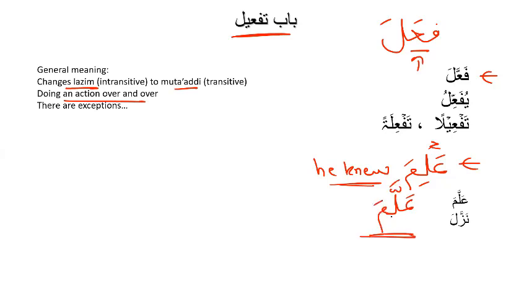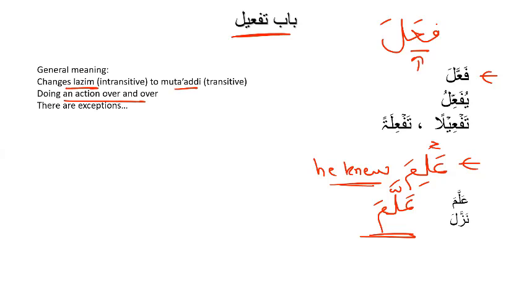So allama. What does allama mean? Allama means to teach, or to communicate knowledge to somebody else. So notice how it's going from intransitive to transitive. So alima, to know, so I know something, that's just limited to me. But when I say allama, now I'm transferring my knowledge to you.